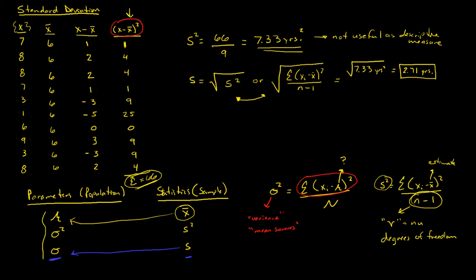These are characteristics that are describing the population. And because we rarely know them, we take a sample from the population that we want to generalize to, and then we measure those same things, and they're the best estimates of what these parameters might actually be. So statistics estimate the parameters.